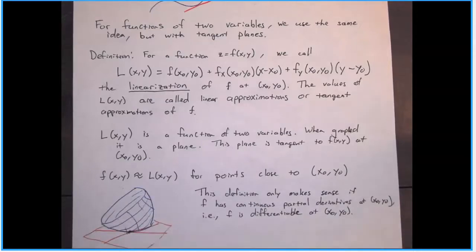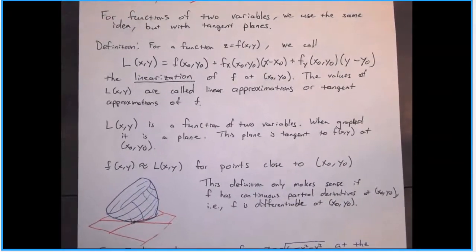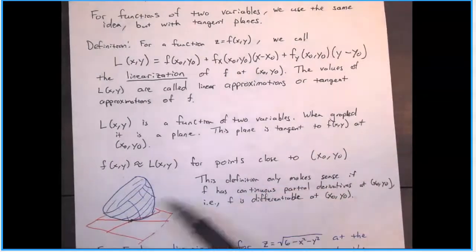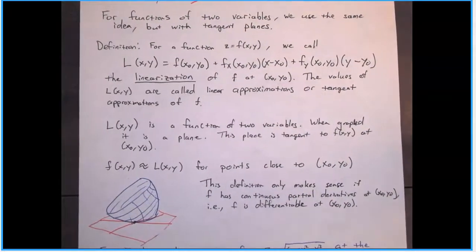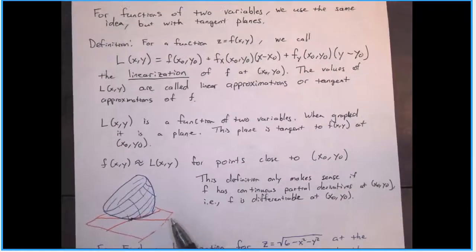And I have a crude drawing here, but the idea might be better than my drawing. So here I have some surface. This actually wouldn't be a function of two variables the way I've drawn it because it doesn't pass a vertical line test, but we can use our imaginations, right? Say maybe I've just tilted things a little bit.